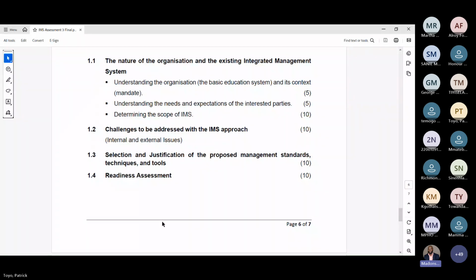In terms of readiness assessment, I'm of the view that you have covered that concept. How do we conduct readiness assessment? Just to see the status quo of these schools in terms of implementing IMS. Because what that does as well, it gives us an overview of the need to capacitate them.